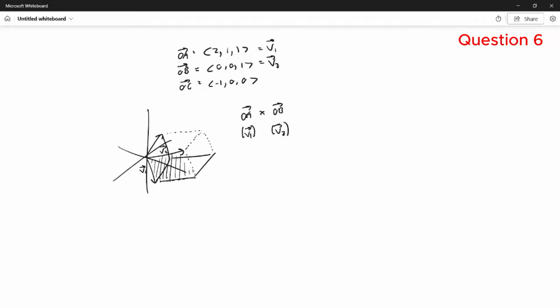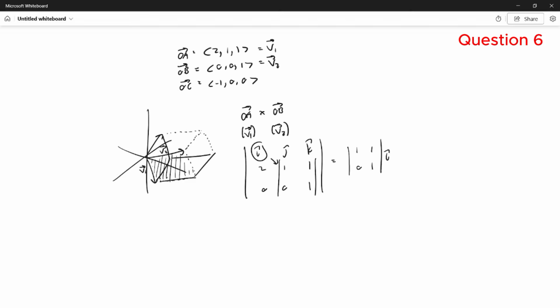Let's do that now. We take out our determinant matrix here for the cross product. We get 2, 1, 1, and we get 0, 0, 1. Now, if you don't remember, what you do is you start by taking this coefficient here and multiplying it by the determinant of this section of the matrix. So in this case, it would be 1, 1, 0, 1 multiplied by i.